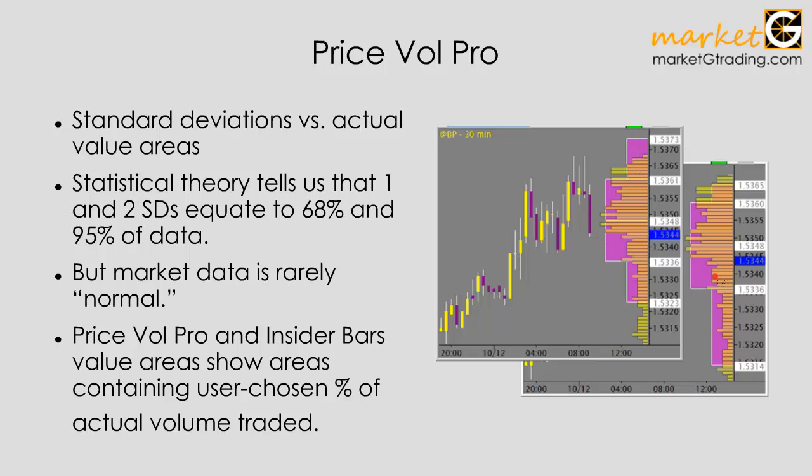On the right are the actual value areas based on 68% and 95%, and you can see that they actually fit the data. So both have their uses, and I still use standard deviations for some things, but it's just a new option you have to add to what you can do.